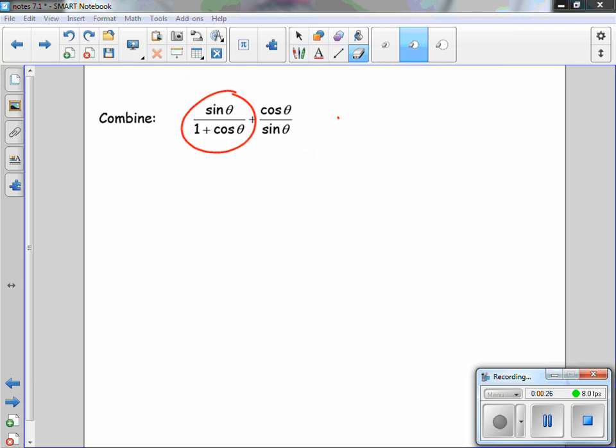Right? So what we'll do is multiply numerator and denominator. So this portion will multiply.